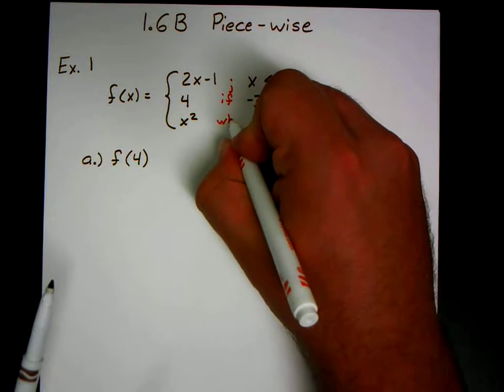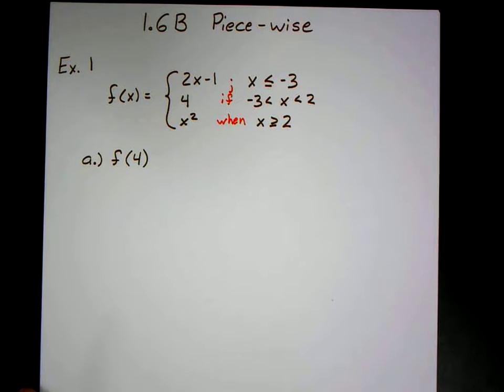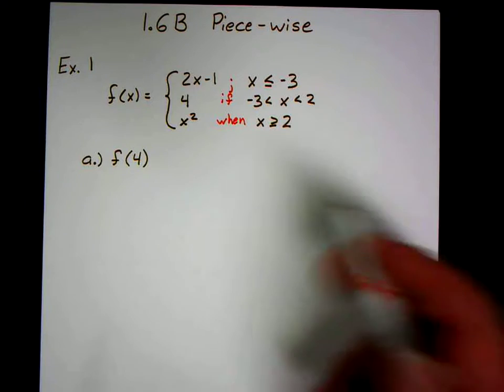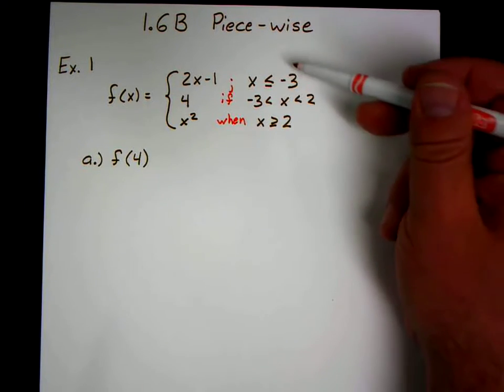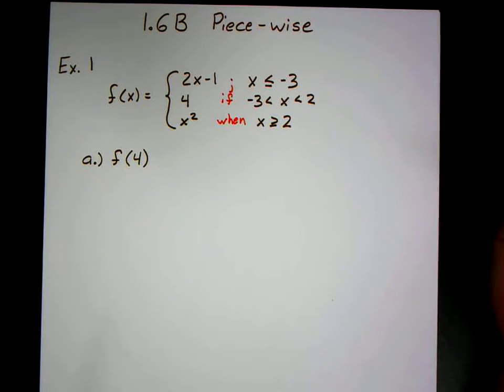Sometimes there's the word when. It differs a lot. Most of the time, I just leave a big space. But I just want you guys to realize that it can be a lot of different things. Just anything to separate the function and the inequality.